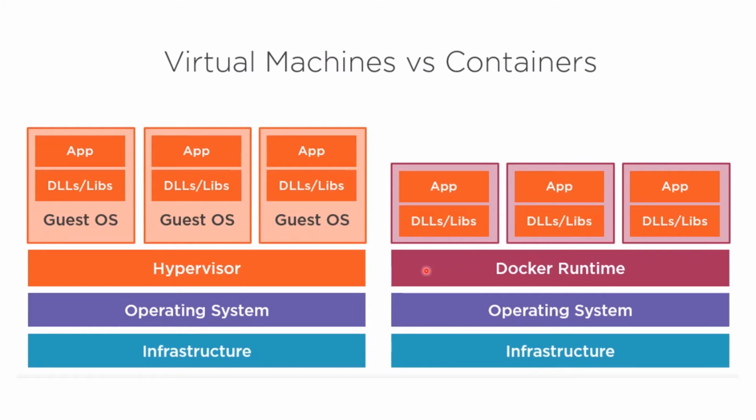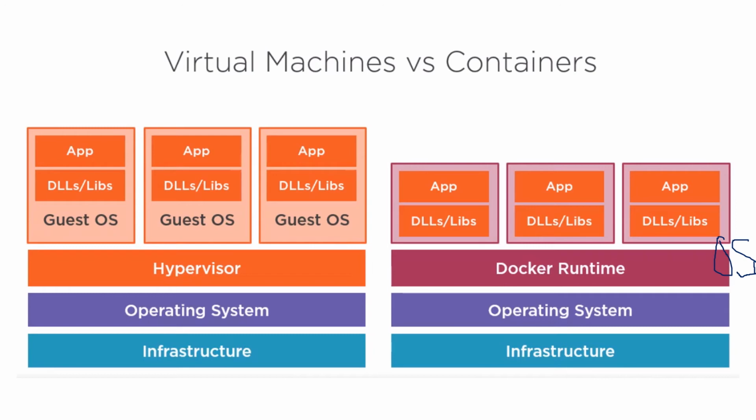On top of this Docker, you can have your different libraries and binaries and DLLs for the different applications. You can consider these as containers. It's container 1, 2, and 3. But they are sharing the same operating system. They are sharing the same operating system, right?